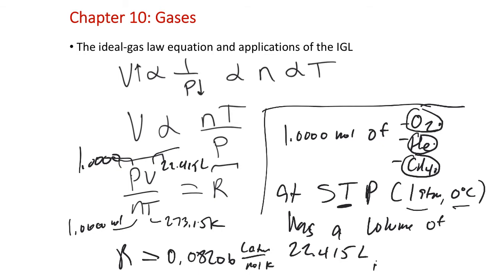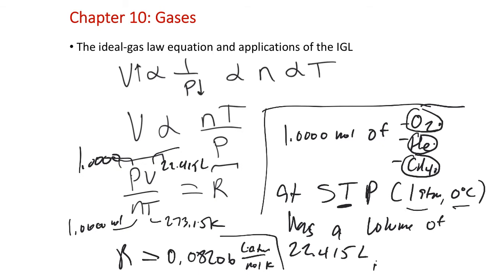Now you can convert pressure to different units and calculate R in other types of units, but this is the most commonly used one. The liter atmospheres per mole Kelvin are the units here. And so that's how we determine the ideal gas constant and relate it to the pressure, volume, number of moles, and temperature.